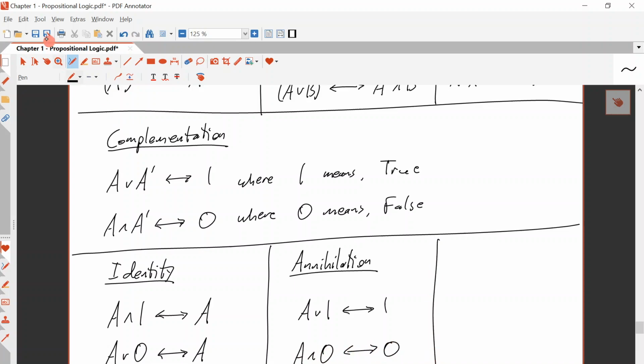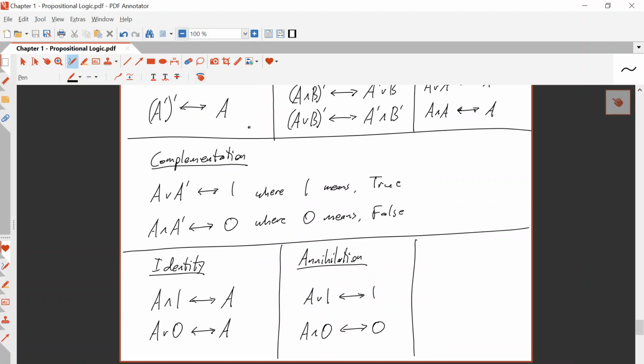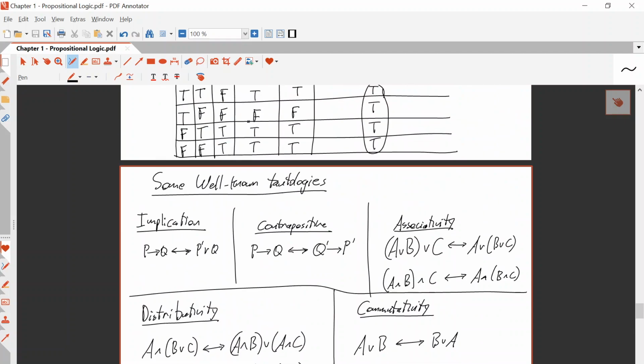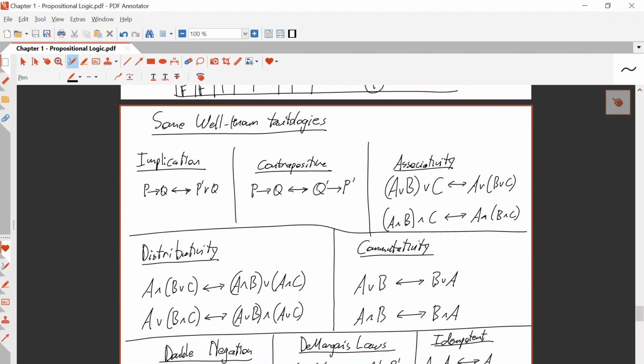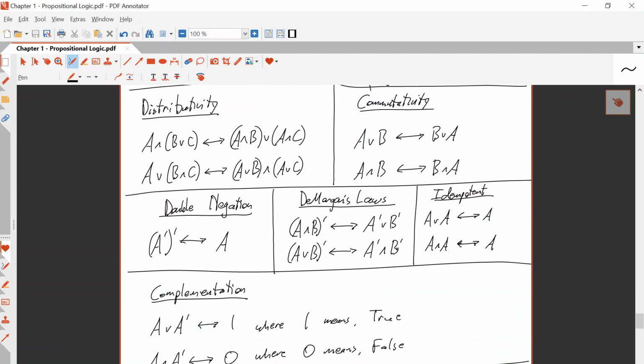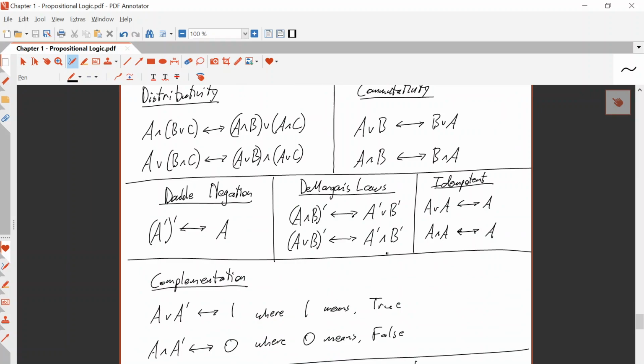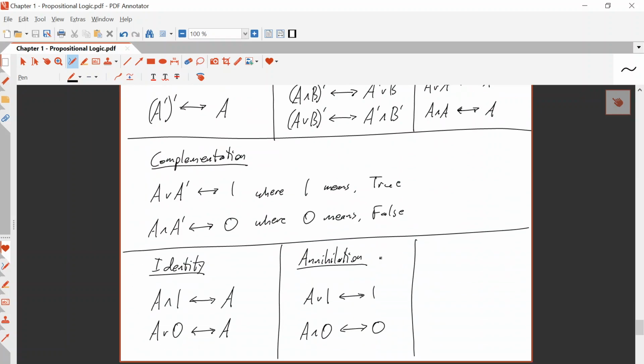And that's it. Those are the basic tautological equivalences, so tautologies that are logical equivalences or double implications: implication, contrapositive, associativity, distributivity, commutativity, double negation, De Morgan's laws, idempotent, complementation, identity, and annihilation.